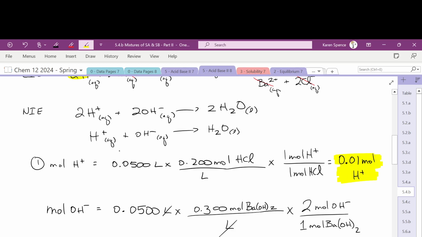And if you want to check your moles of H and your moles of OH, hopefully you remembered that there are 2 OHs in BaOH2.